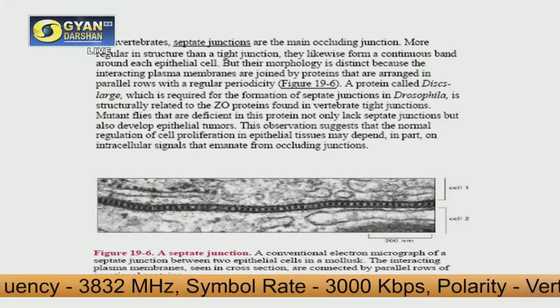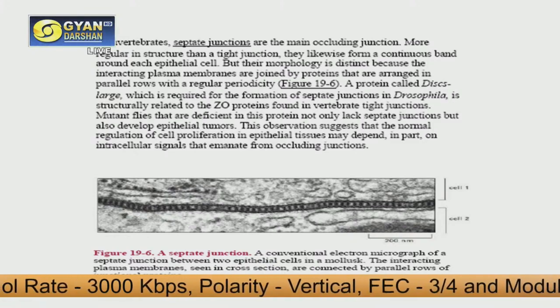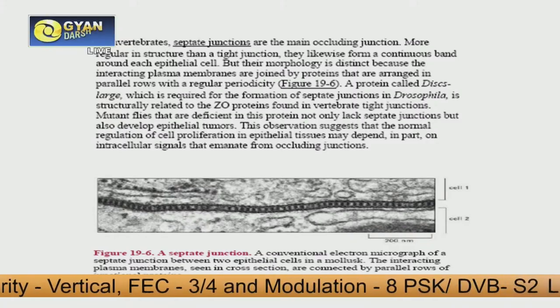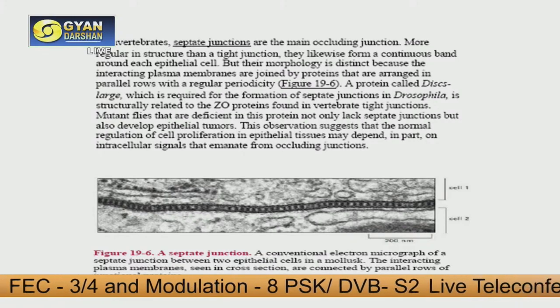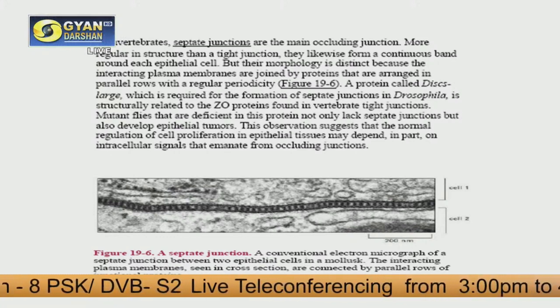So overall, what does it prove? It shows that the tight junction or the septate junction not only plays a structural role, but also helps in maintaining the cell signaling process and some basic animal physiological processes.